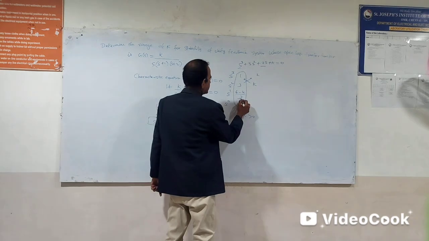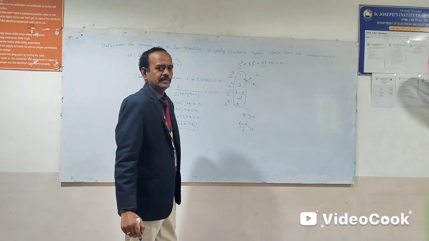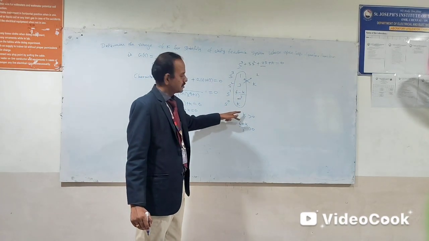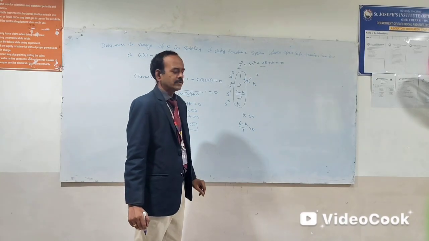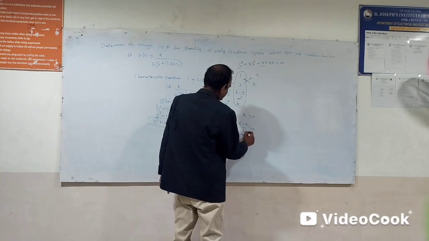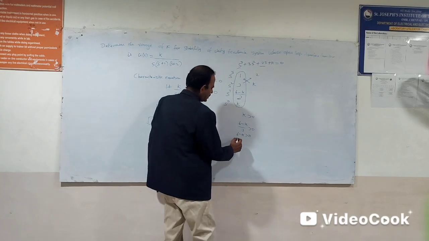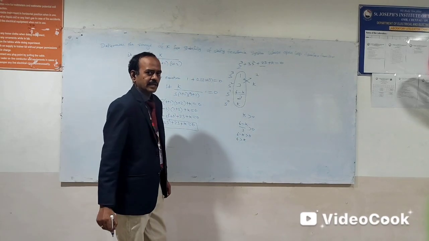Similarly, for the other condition, 6 minus k by 3 must be greater than 0. Both conditions must be positive. So k should be greater than 0, and 6 minus k by 3 should be greater than 0. So 6 minus k greater than 0, taking k to that side, 6 is greater than k.